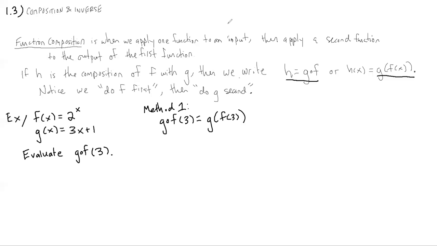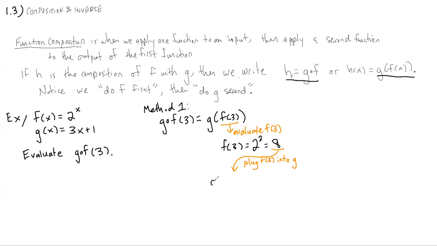And so what we would do first is just simply evaluate f of 3. If I follow my rule, f of 3 is 2 to the power of 3, and that's 8. So easy enough. And so then what we're going to do now is plug f of 3 into g.